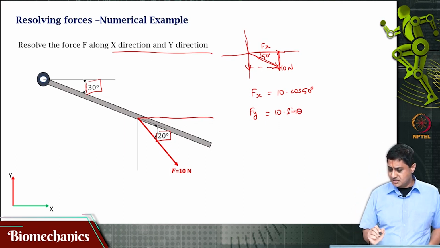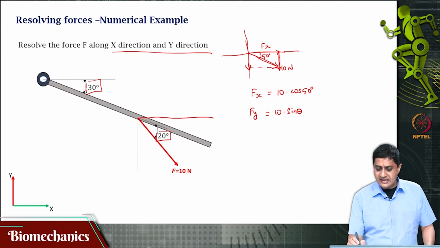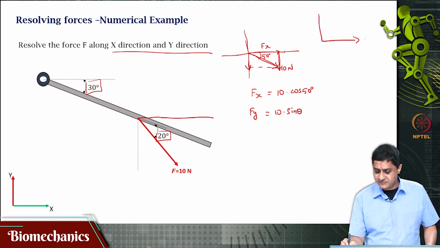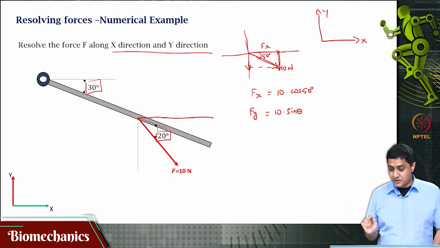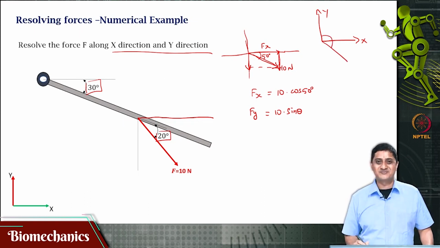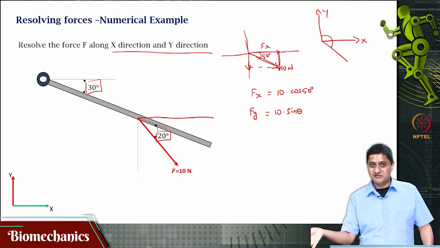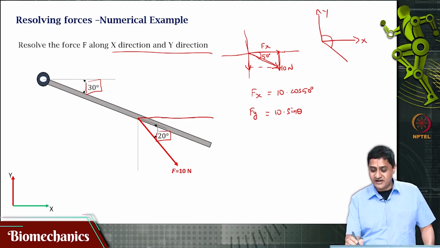That is the question. How would you solve this? If I am solving this in this xy axis, for this positive xy axis, then because this angle is 90 plus 50, I have to say sine of 90 plus theta and then solve it, because I am interested in finding the answer with respect to the positive y axis.